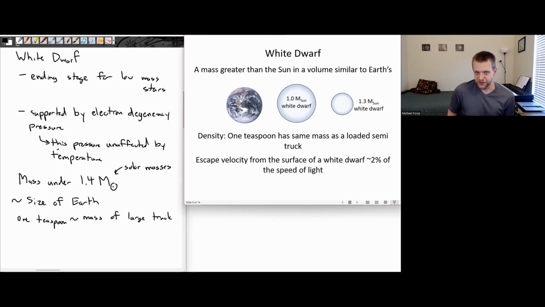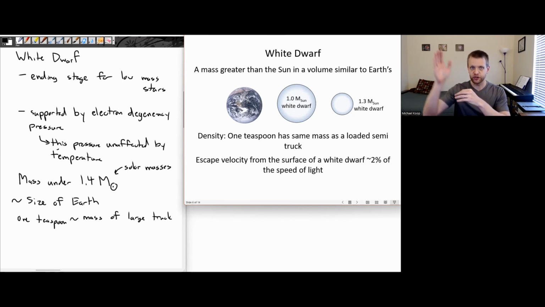This also means if I have a huge amount of mass held in a very, very small location, then close by that object, there is an incredibly strong gravitational field near its surface. So strong that the escape velocity from the surface of one of these white dwarfs would be around 2% of the speed of light.